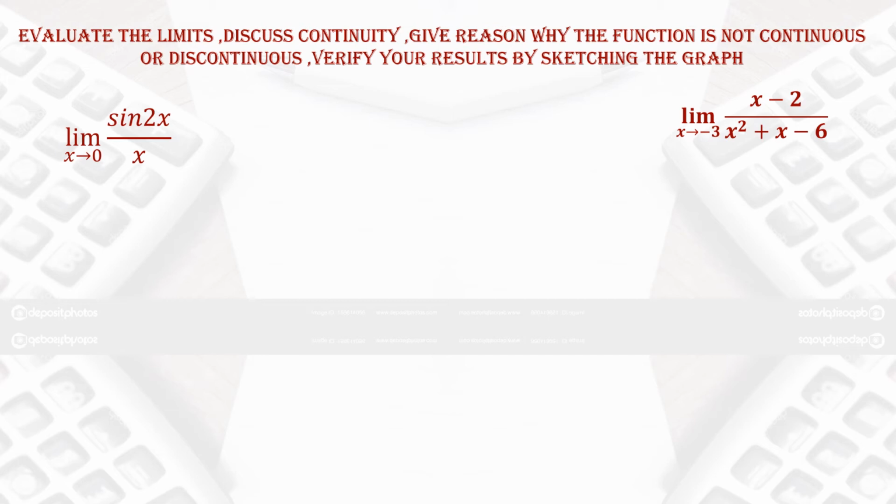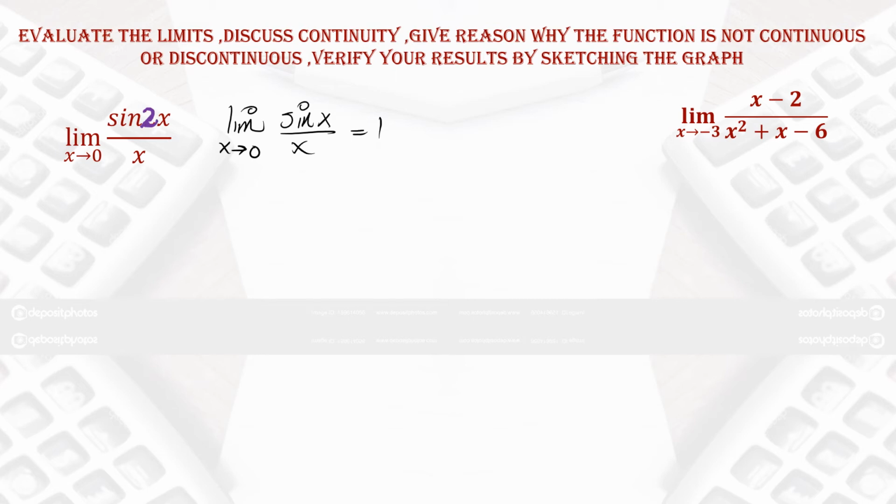So here, limit as x approaches 0 of sine 2x over x. It is a trigonometric function, and we must know that limit as x approaches 0 of sine x over x equals 1. And we studied that if the angle 2x is written with the trigonometric function, then in the denominator you need the 2 also.